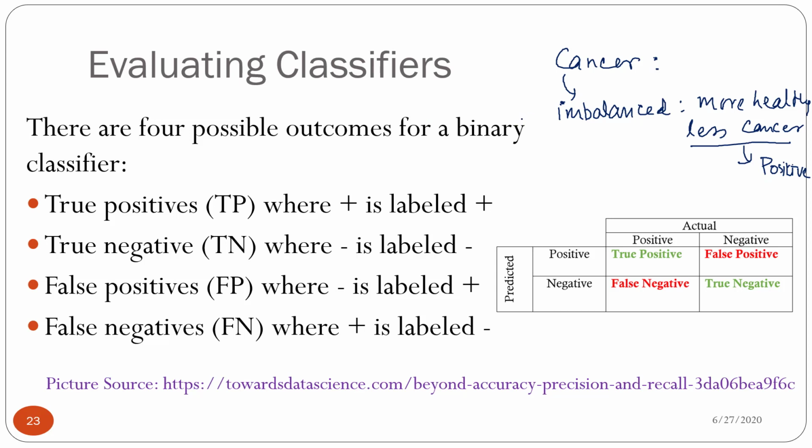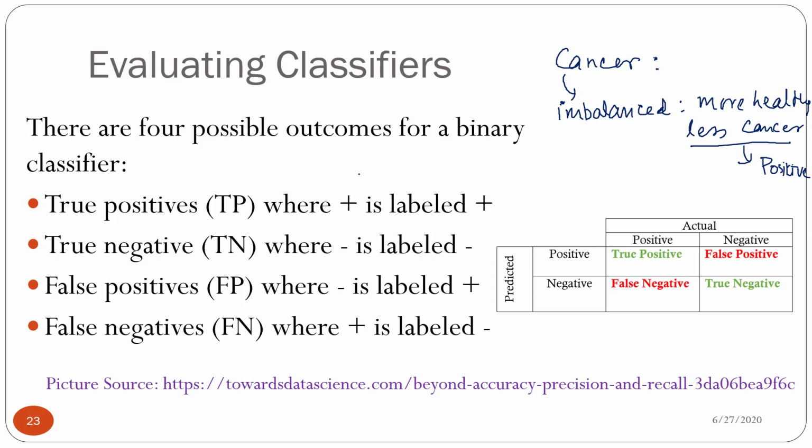So let's discuss this concept of classifier evaluation from this example's point of view. You have designed a classifier which has learned on the data, and you want to classify the patients as having cancer or as being healthy. Let's see how we will evaluate the performance of this classifier. What can happen?